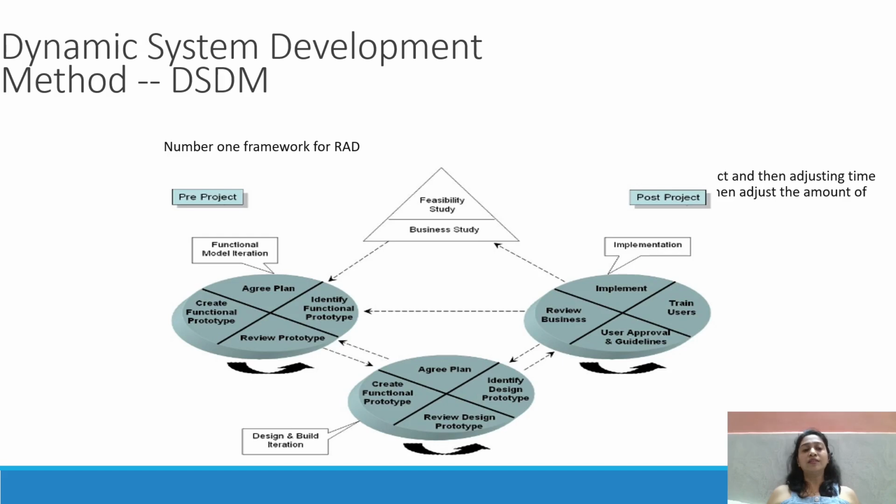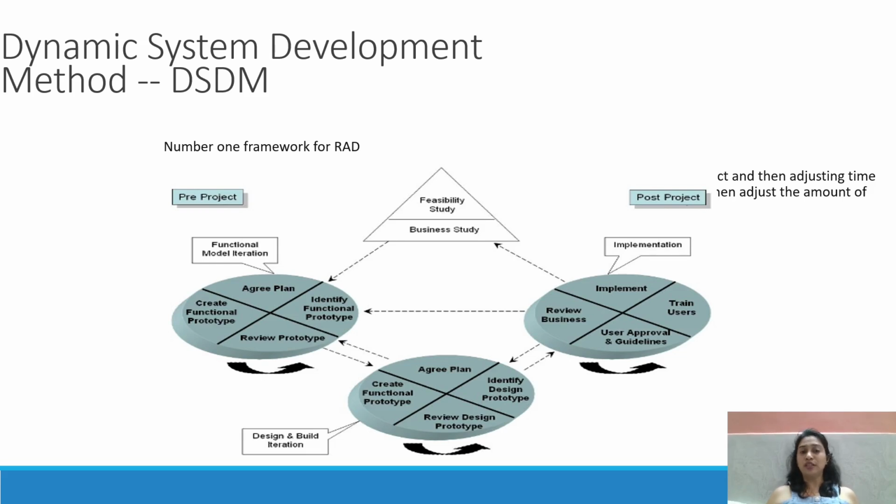The other method is DSDM, the Dynamic System Development Method, a number one framework for RAD. Here is a chart I have given, with the pre-project and post-project. In the pre-project, you can see the functional model iteration, agree plan, then the functional prototype, review the prototype and all the things.